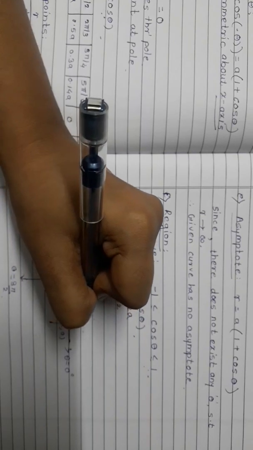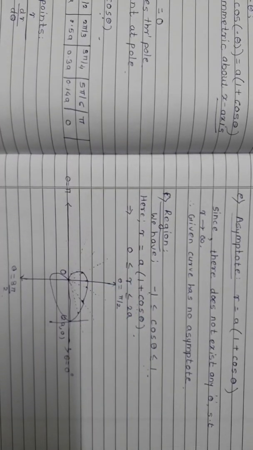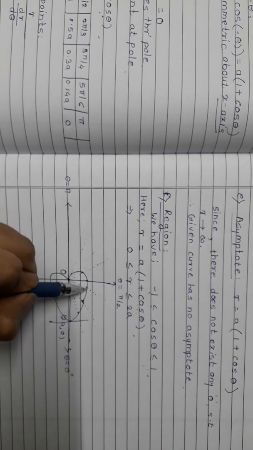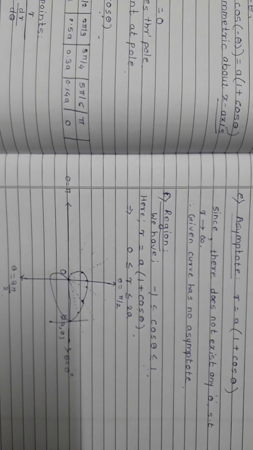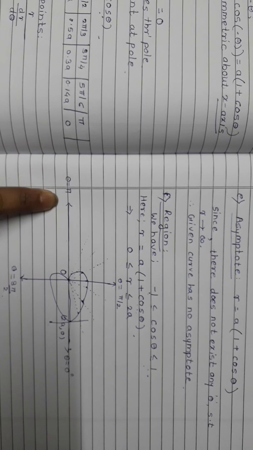And the next thing you are having is when theta is pi by 2, it is making pi angle. So it should be like this. So no need to draw this for now, you can consider like this only. Okay, and you can verify that for theta is equal to pi.